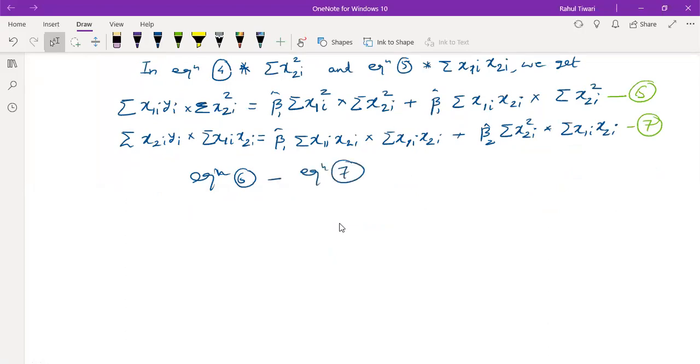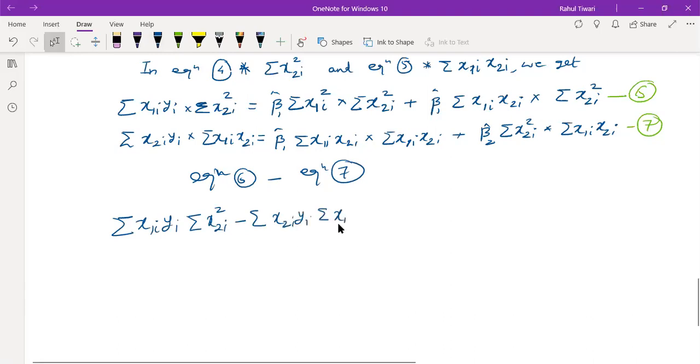If you just do the subtraction, the left hand side becomes summation x1I yi into summation x2I square minus summation x2I yi summation x1I x2I. This is the left hand side. Can you see any term that is common here which we can cancel?